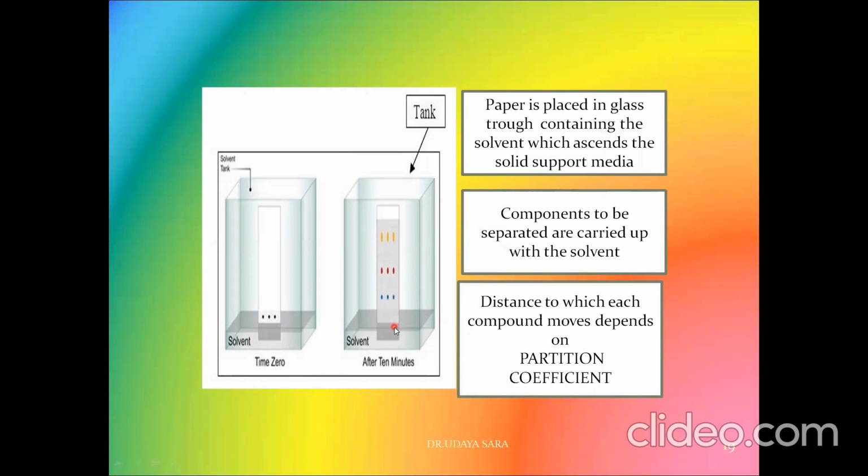The components get separated as they are carried up along with the solvent. The distance of each component is noted. This depends on the solubility between the stationary phase and the mobile phase, that is, on the partition coefficient of the particular substance.